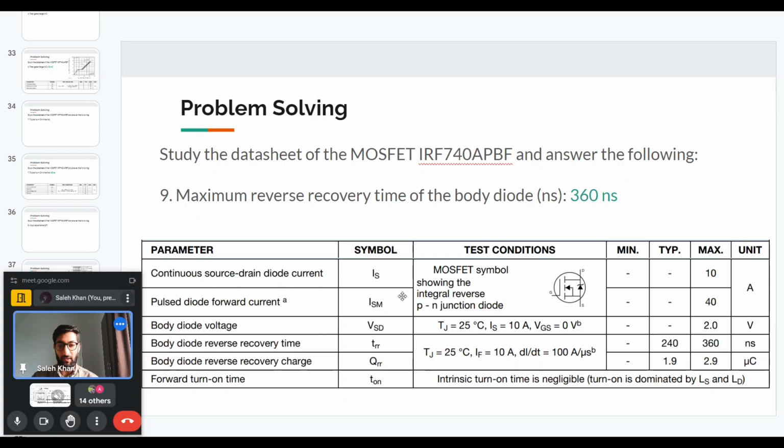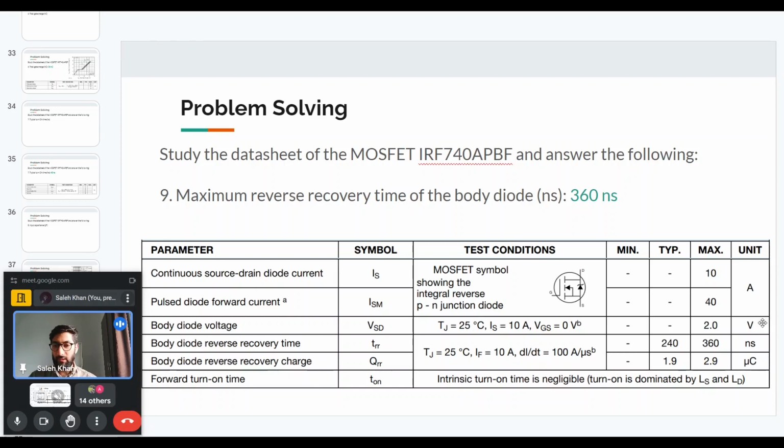And the data sheet also provides us the body diode voltage. So this basically is the forward voltage drop of the diode. But in this case, it will be the drop from source to drain, VSD, and it is given at specific voltage, specific current and temperature, and here it is 2 volts.